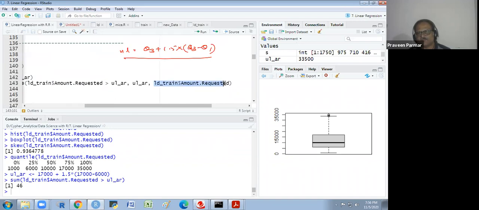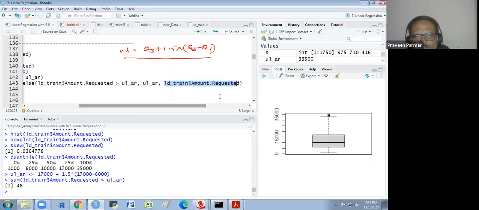I am writing this again. Any doubt? Values not greater than or equal to this will remain the same as in that column. It will not change. Correct? So I will do it.